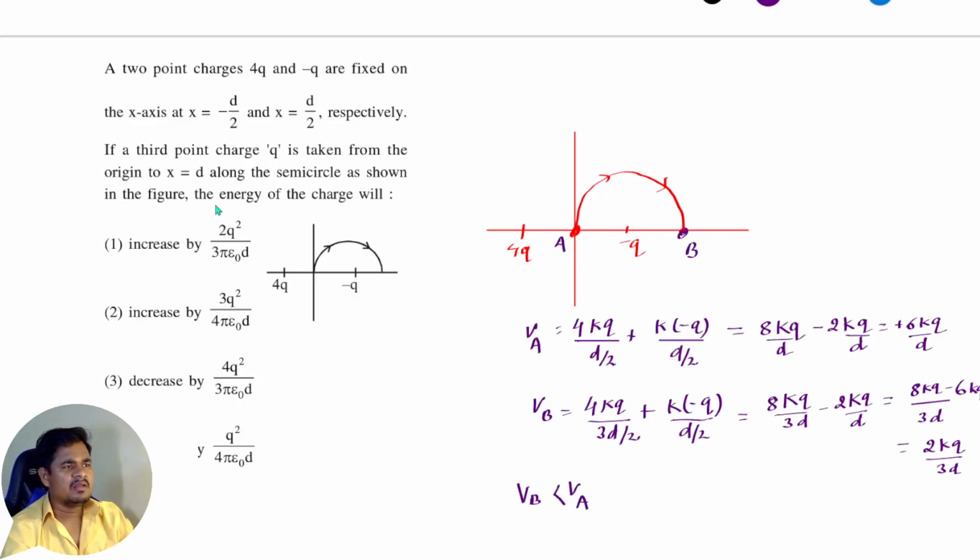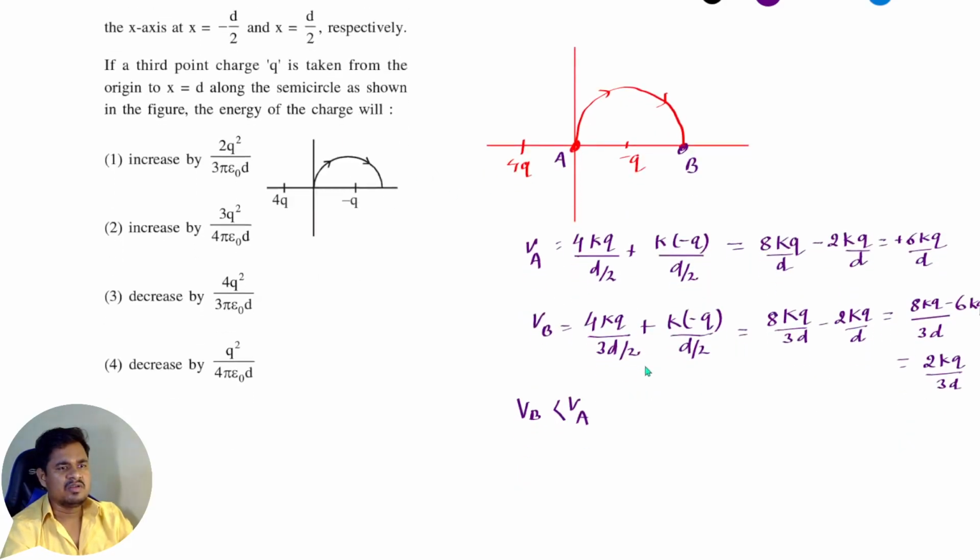And they are asking about the energy of the charge. So the energy of the charge: U at B will be q times VB, and U at A is basically q times VA.